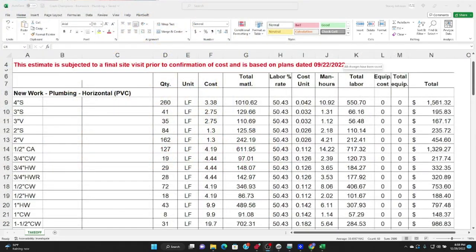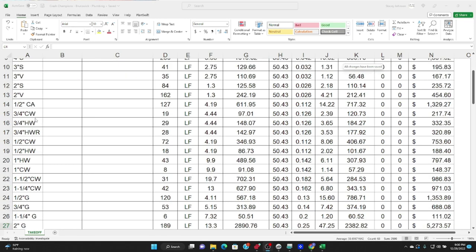All right, everyone, let's look at the specialized Excel spreadsheet design, especially for the plumber. What we do, our first section, is we include all of the horizontal runs. Whether it's the sanitary pipe, vent, in this case we had some compressed air, cold water, and we broke the cold water, hot water down, hot water return.